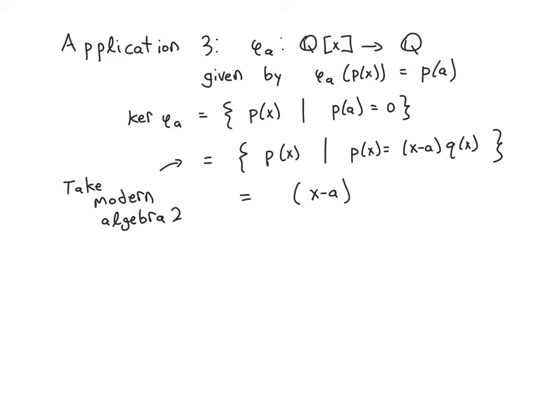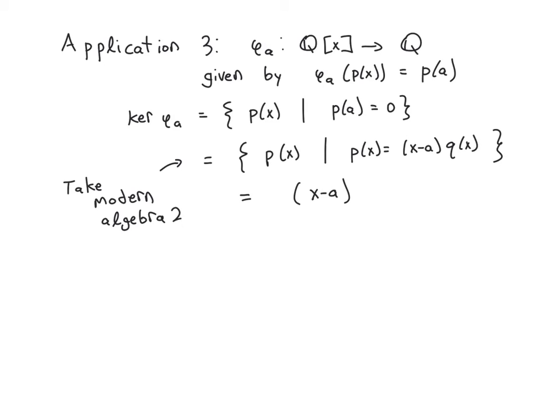Finally, our other homomorphism that we gave was from the ring of polynomials with rational coefficients to the rational numbers, indexed by your favorite rational number a. What does this function do? It takes an arbitrary polynomial and it evaluates it at a.